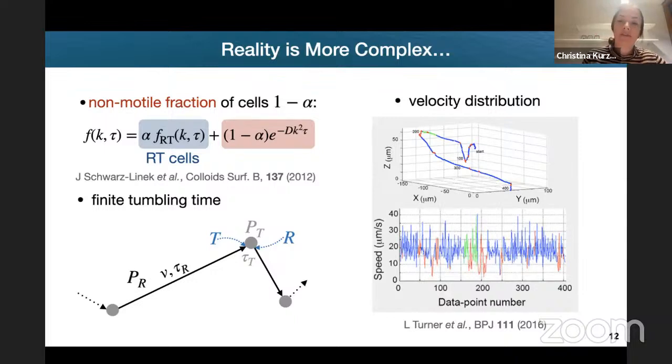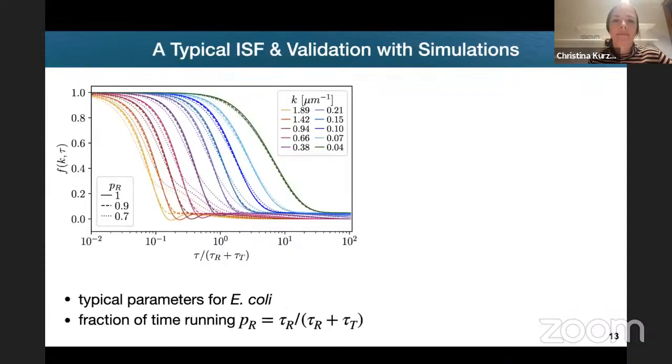So we have to account for the fact that the speed of cells changes over time.